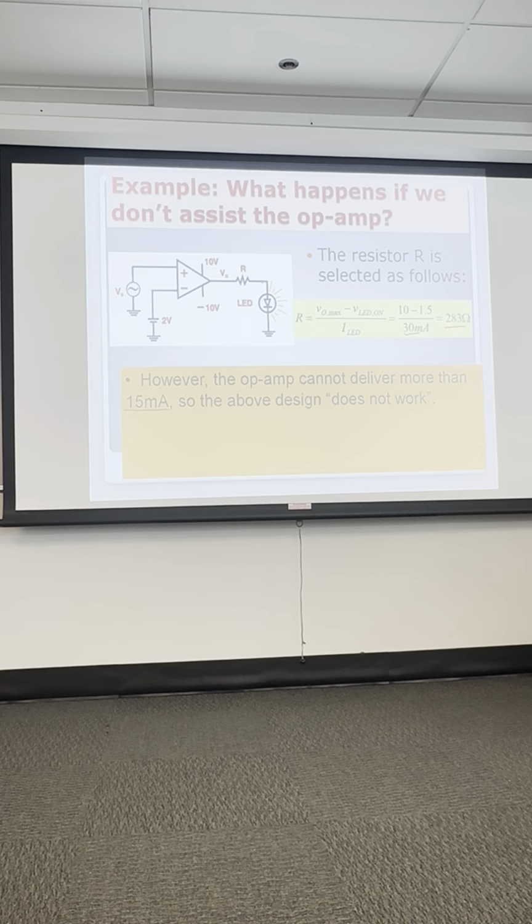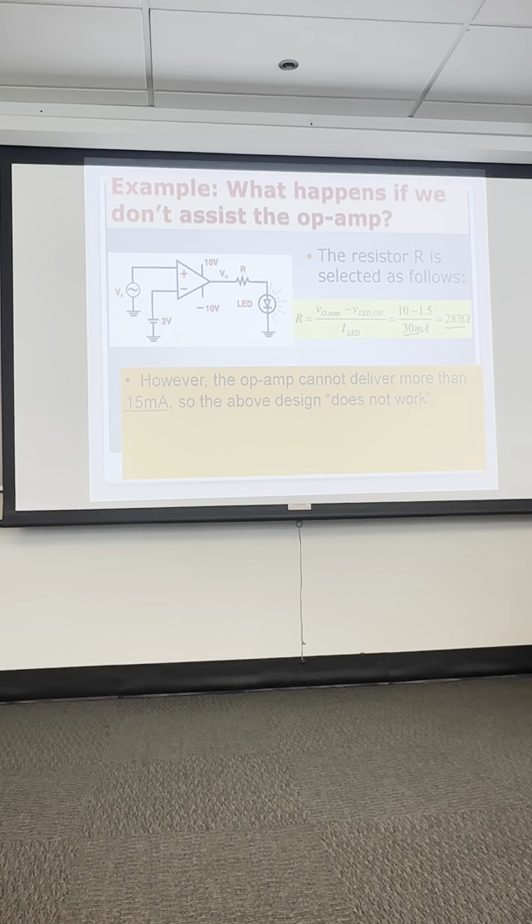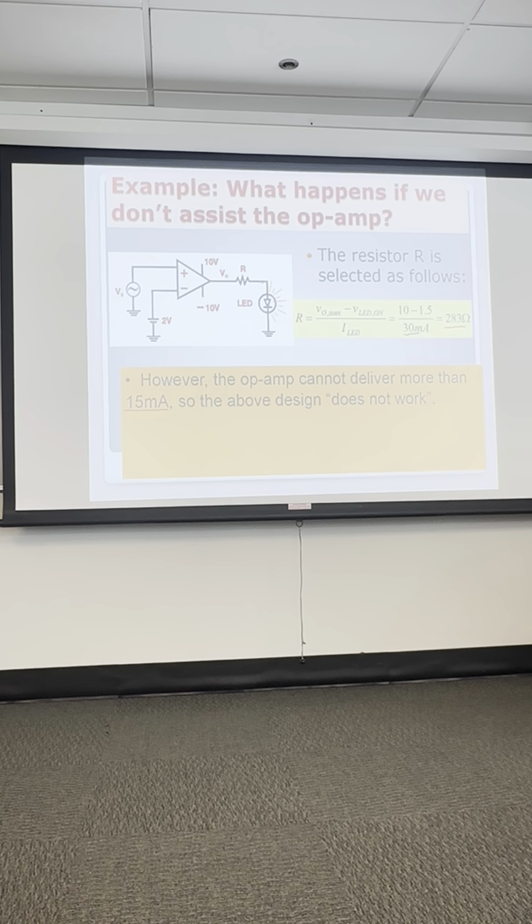So this design on paper basically works, but if we tried to build it, it would not work, because the LED needs at least 15 more milliamps of current, and the op amp is limited.